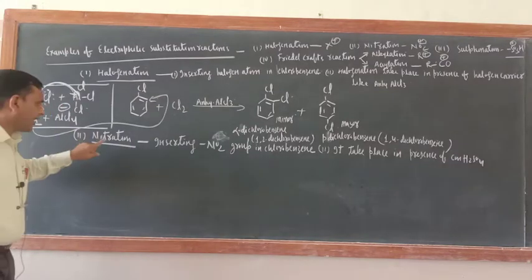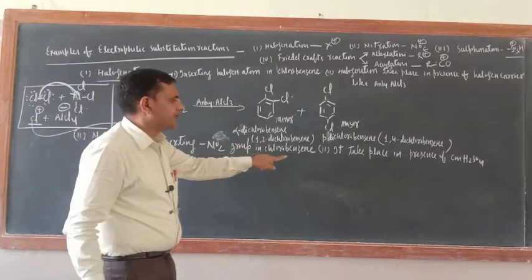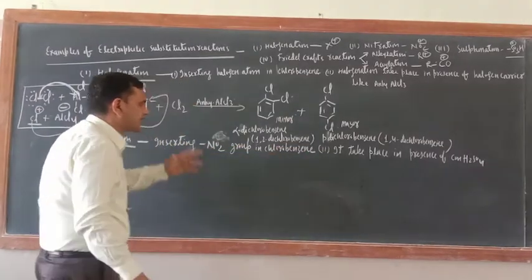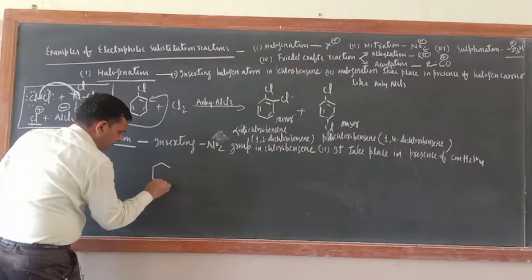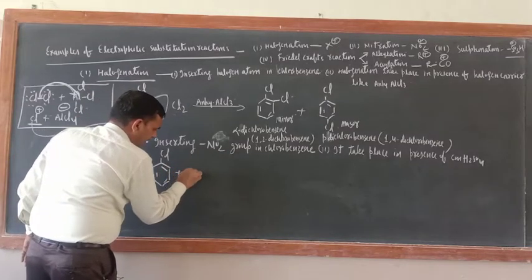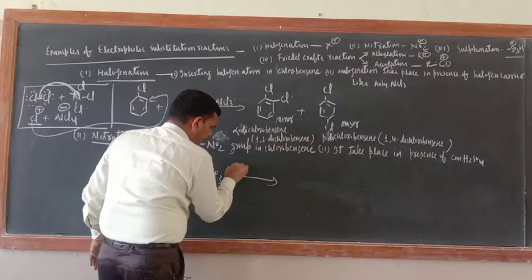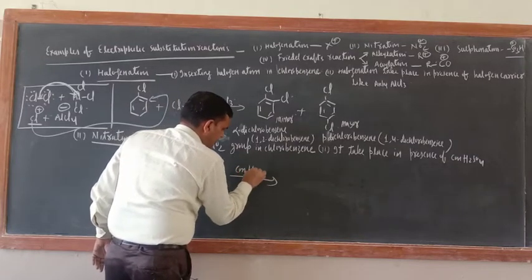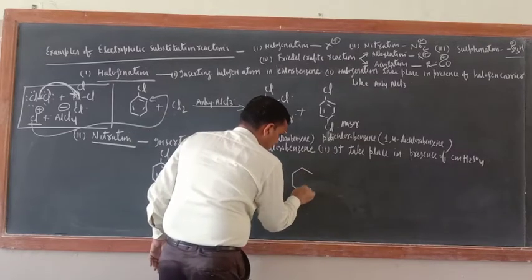Now nitration. Inserting an NO2 group in chlorobenzene takes place in the presence of concentrated H2SO4. Take chlorobenzene plus concentrated HNO3, in the presence of concentrated H2SO4.